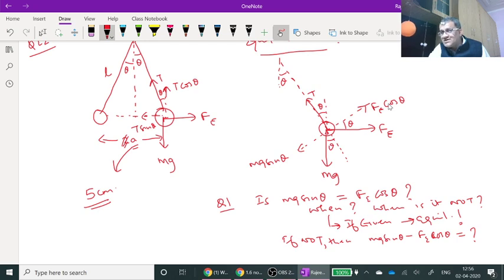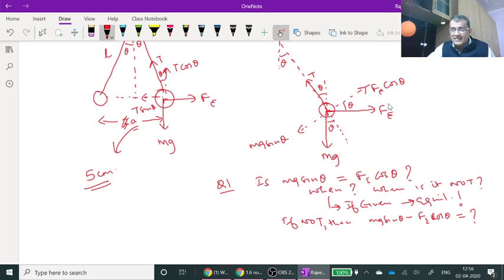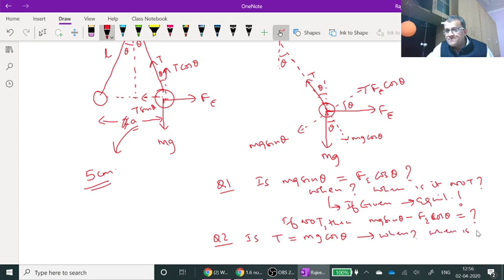Now an even more interesting question comes, and be very careful to answer this question. There is a bright chance of you doing something foolish. Is T equal to mg cos theta? We have taken two components, mg sin theta and mg cos theta.